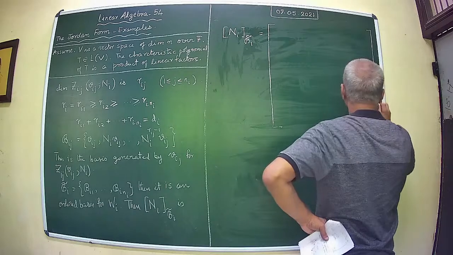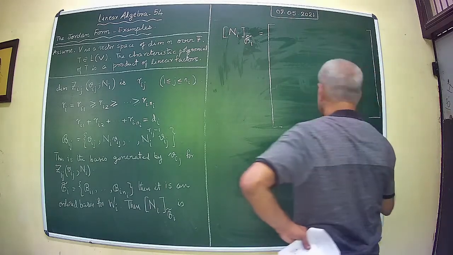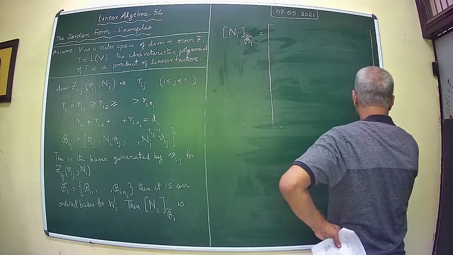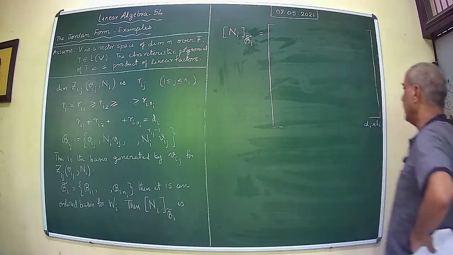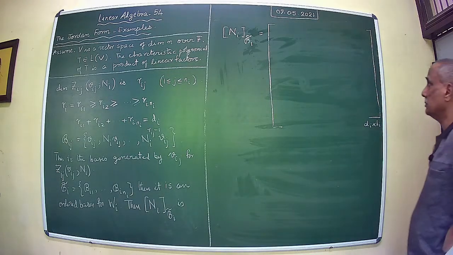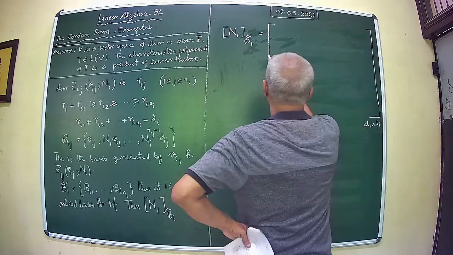It's a di cross di matrix. How does it come? It comes like this.